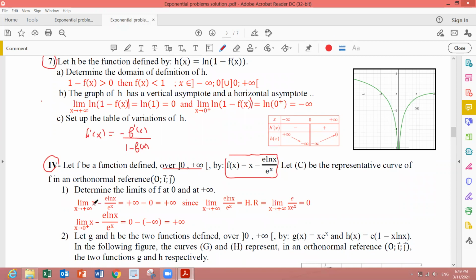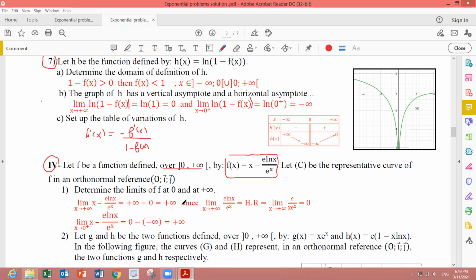The limit as x tends to plus infinity of (x minus e to the ln x) over e to the x. We get plus infinity over plus infinity, so we apply L'Hospital's rule.